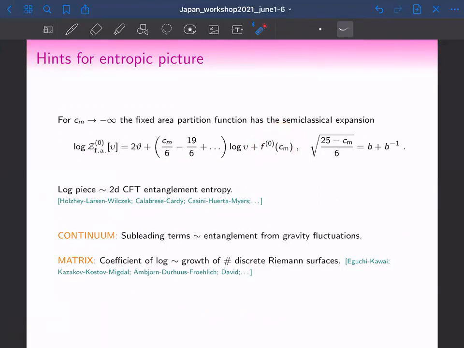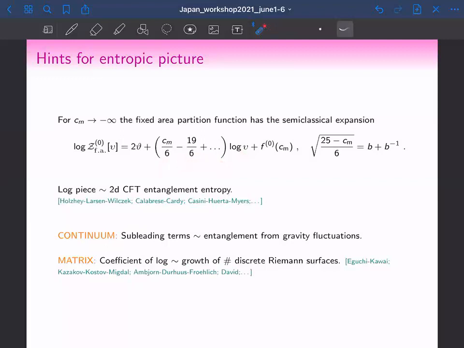But another piece in this formula that might ring a bell is this symmetry over 6 with this upsilon. This is nothing else than the 2D CFT entanglement entropy, going back to the work of Wilczek, Larsen, Calabrese, Cardy, Myers. This is the first piece, just a CFT piece. And now we have subleading corrections over here.